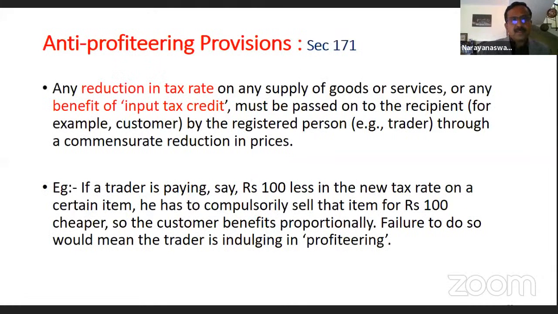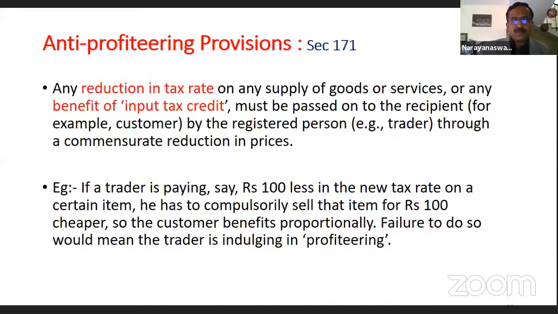The first one is a provision called anti-profiteering provisions under section 171 of the CGST Act. A similar provision was adopted by Malaysia, because in most of the countries wherever they've adopted the GST, inflation has shot up. Like suddenly the prices will go up by 2 times and 3 times.